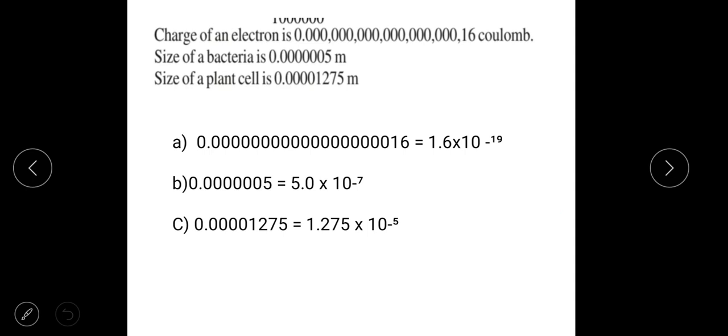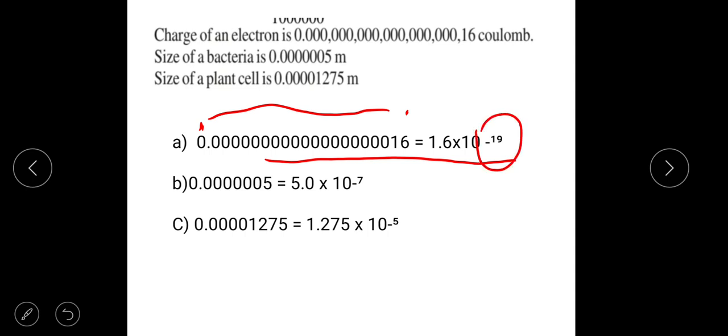How do we write that in standard form? We want to get the number up to after 1 or before 6. So before 6 and after this decimal point, how many numbers are there? 19 numbers, right? So 1.6 into 10 raised to minus 19 is the answer.